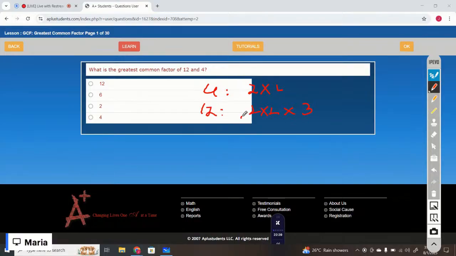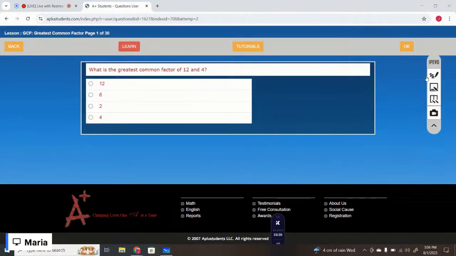So the common factor between both the numbers is 2 times 2, that means 4. The greatest common factor is 4.